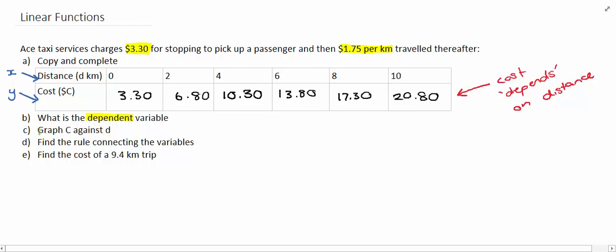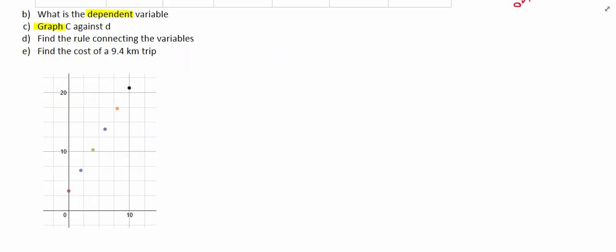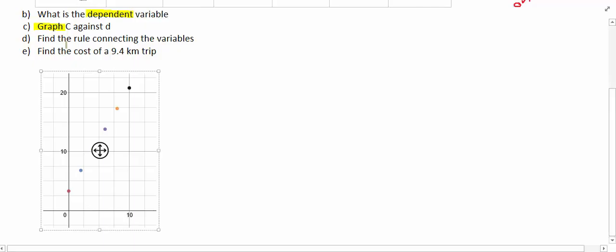Now we've been asked to graph cost against distance. So what you need to do is set up your set of axes, making sure you choose an appropriate scale and enough room to cover all your values. It's important that you also label your axes. So your y-axis is cost in dollars and the x-axis is distance in kilometres.